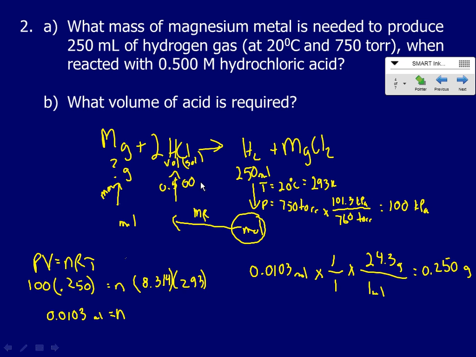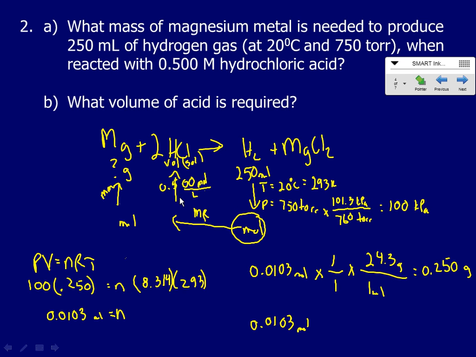0.500. What are the units when we have molarity? What do I tell you to change that into so that we can get it flipped over properly? Yeah, moles per liter. I don't need to redo this step. I've already done the step, and I've already got the moles. I already have 0.0103 moles of the H2.